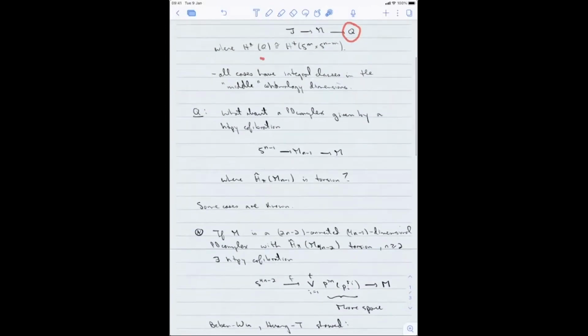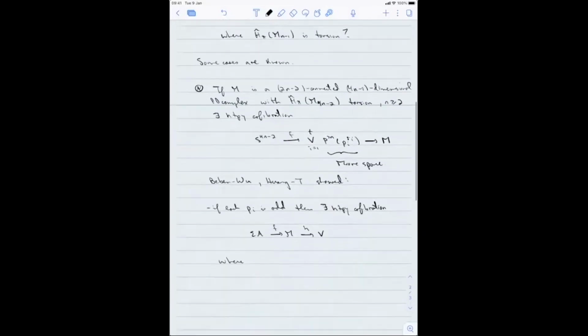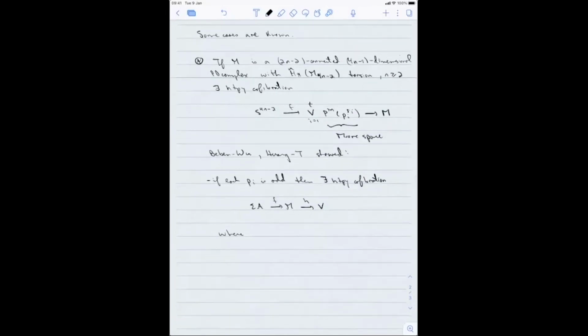So its cohomology will be very condensed. It can't be the cohomology of a product of spheres anymore, because we've said that there is no integral summand in the middle cohomology of the M that we start with.